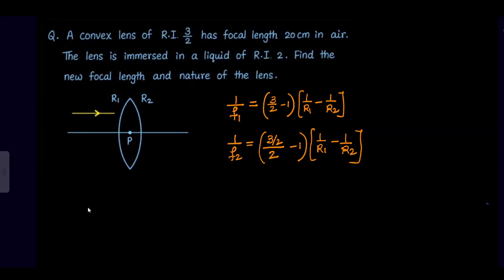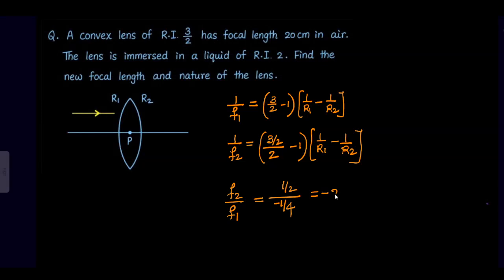Right. Now if we take the ratio between these two, it will come as f2 by f1, which will be (3 by 2 minus 1) means 1 by 2. The term 1 by r1 minus 1 by r2 will get cancelled. Here this is 3 by 4 minus 1, which will come as minus 1 by 4.